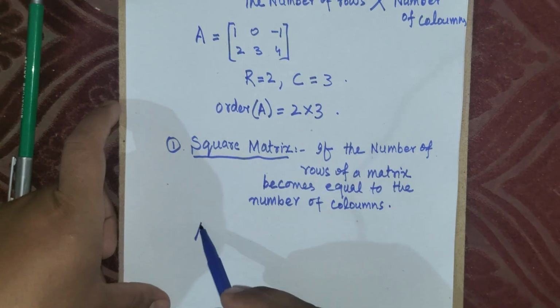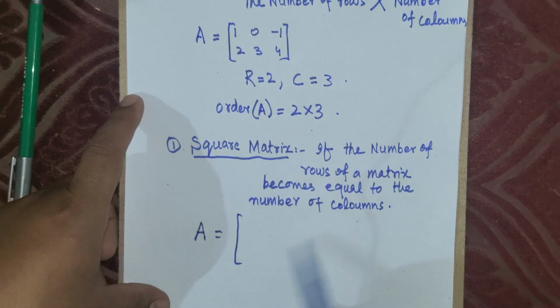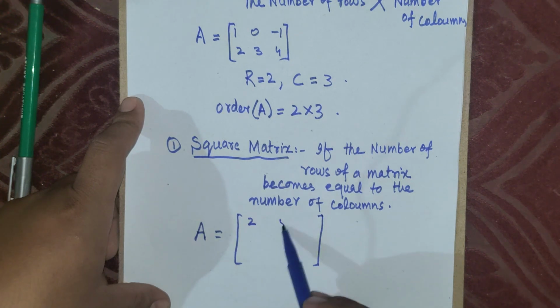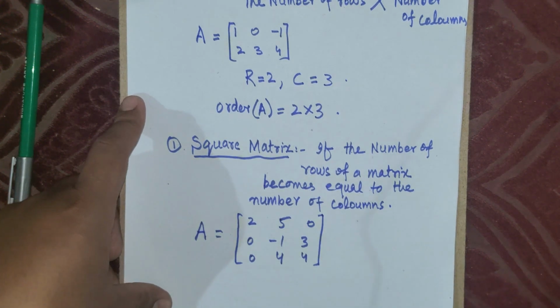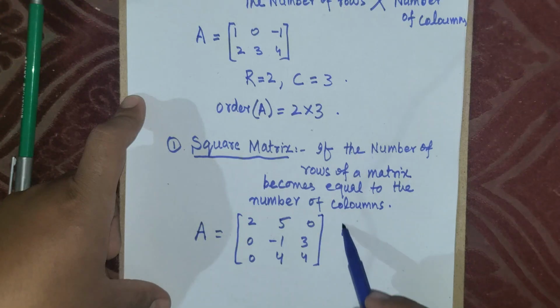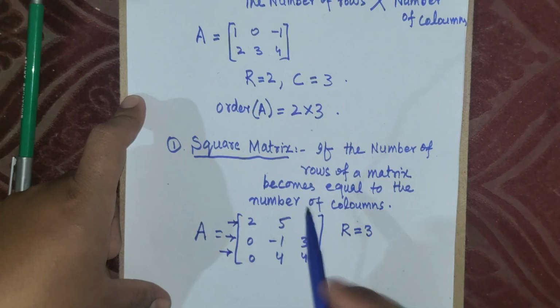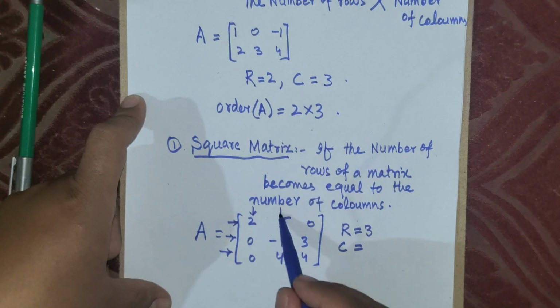For example, A is equal to 2, 5, 0, 0 minus 1, 3, 0, 4, 4. There are 3 rows in this matrix, row number 1, row number 2, row number 3, and columns are also 3.